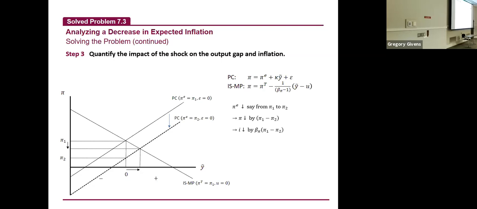That's the interest rate that matters for the transmission mechanism in the model. What happens to I minus pi, the real interest rate? Or anybody?